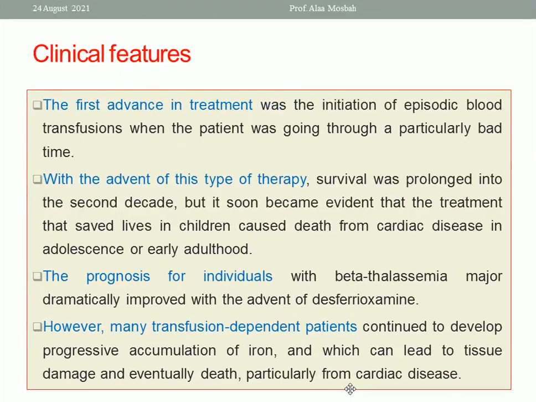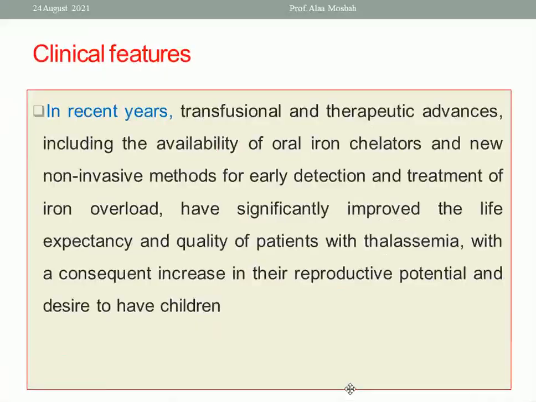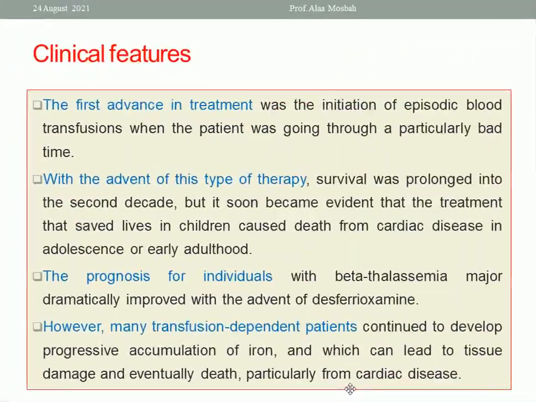The first advance in treatment was the initiation of episodic blood transfusion when the patient was going through a particularly bad time. So the first advance, these children in the past used to die at the age of 5 from cachexia and infection, as I said, those with beta thalassemia major.